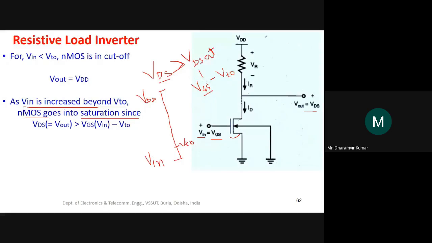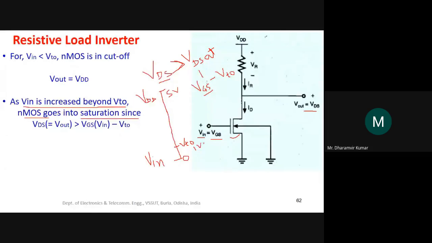I am taking general typical values: VDD may be 5 volts, we are starting from 0 volts, and VT naught may be 1 volt for the device.